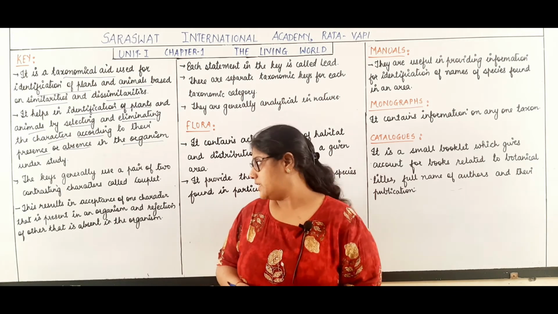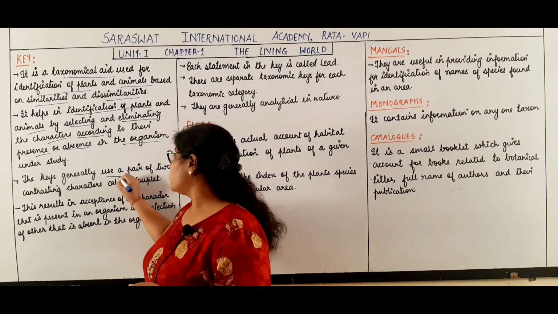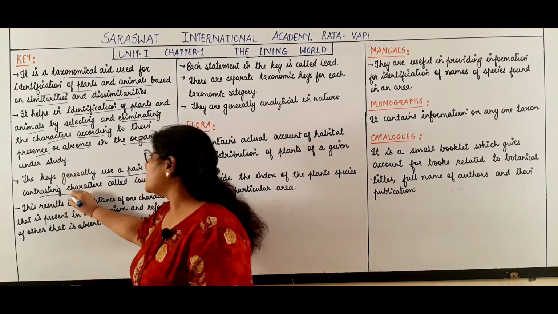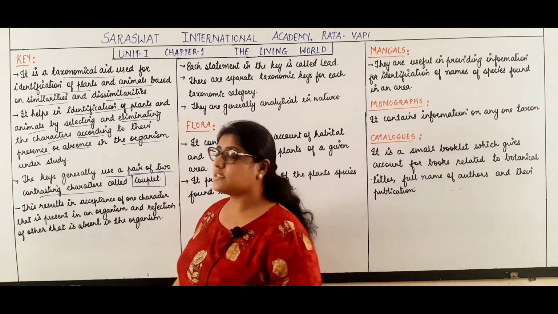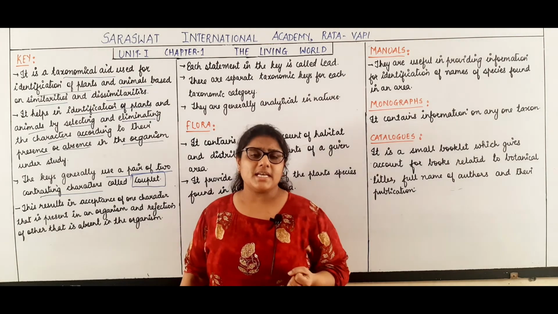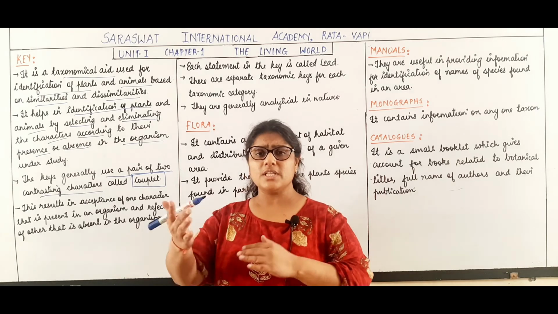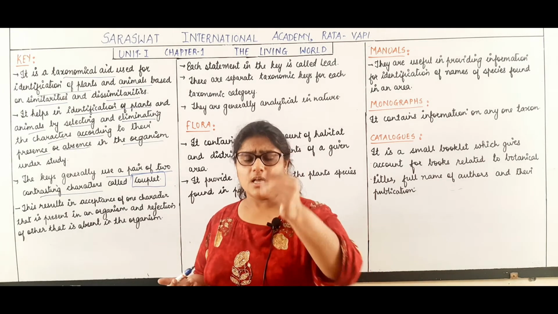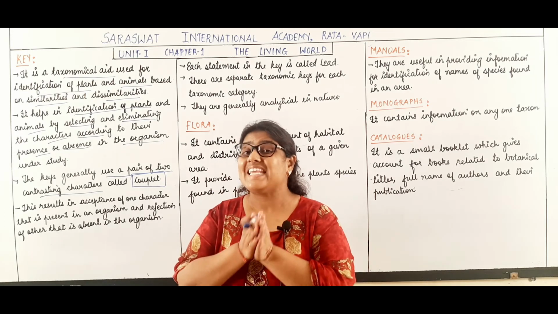The 2 cotyledons. So basically keys use a pair of 2 contrasting characters, and that pair of contrasting characters is called a couplet. For maize, the character was the number of cotyledons, so there are 2 contrasting things: one is 1 cotyledon, another is 2 cotyledons. So what does a key consist of?